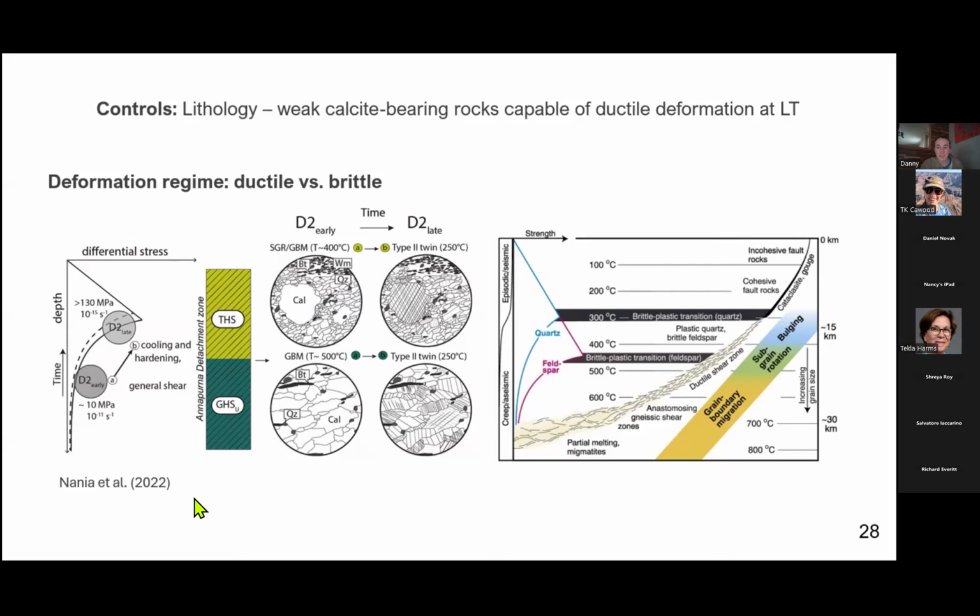And in these studies, they interpret that the presence of weak calcite-bearing lithologies allowed for ductile shearing to continue into low temperatures and shallow levels of the crust without reaching the brittle ductile transition, and therefore for the upsection migration to occur without the development of a discrete brittle fault.